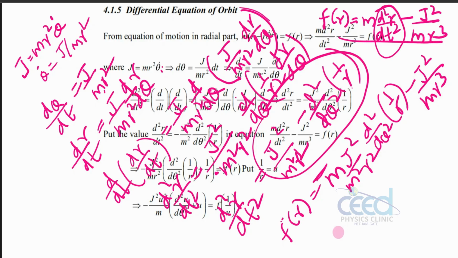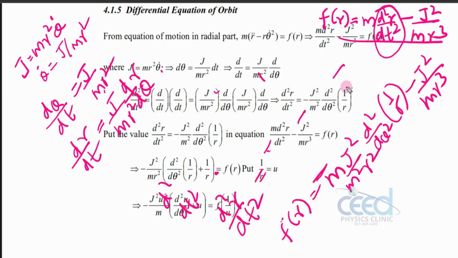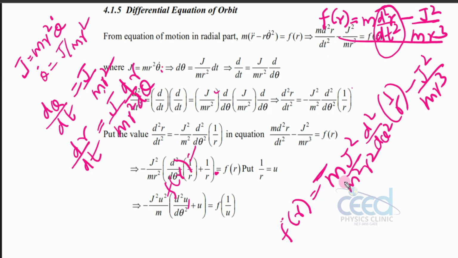Now we can do some substitution. I am taking u as 1 by r in this expression. Then I can write as, see, f of r is equal to, see here, this m into 1 by r square, I am writing u, 1 by r I am substituting as u.